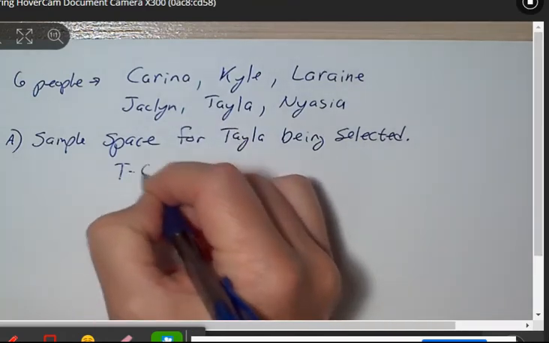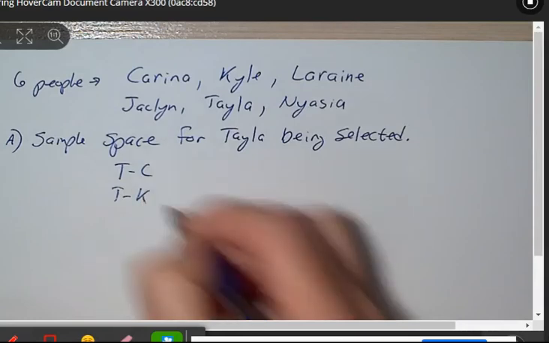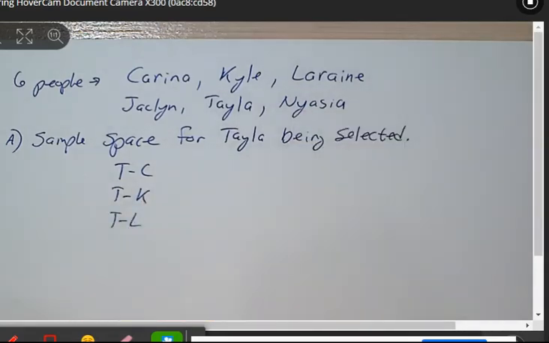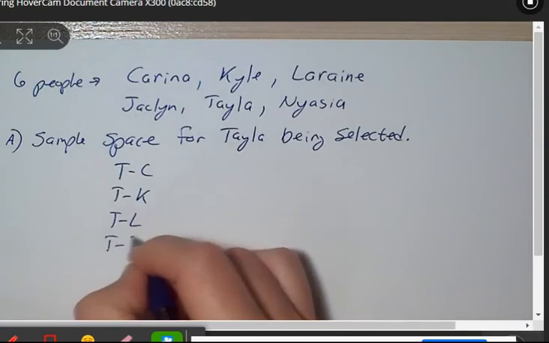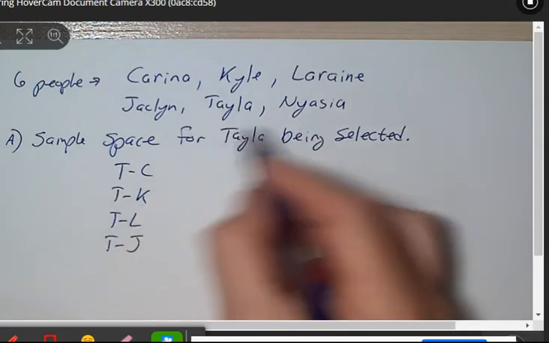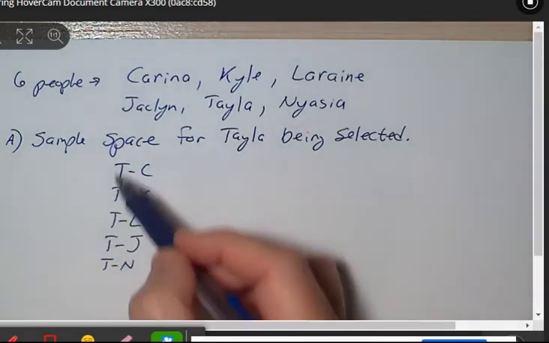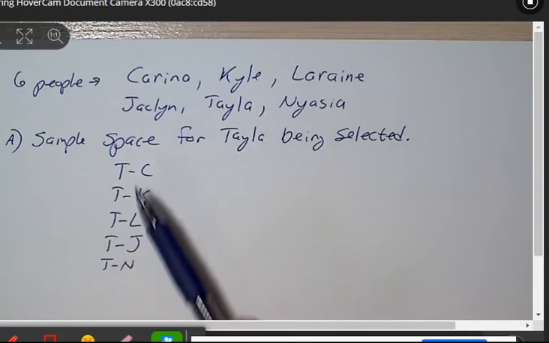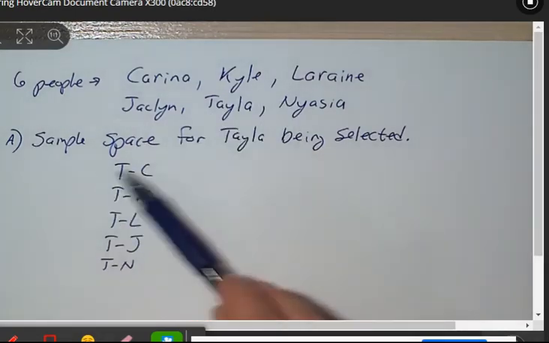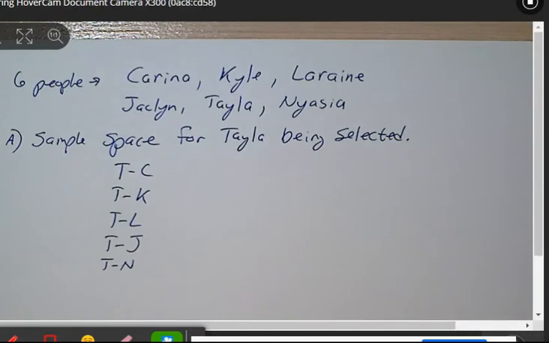So it's Taylor and Karina, Taylor and Kyle, Taylor and Lorraine, Taylor and Jacqueline, and Taylor and Naisha. So you just got to have a T. And they mix up the order a little bit. The T doesn't always have to be first. But since there's 5 other people that she's going to go with, you need the T along with the 5 other names that you have there.